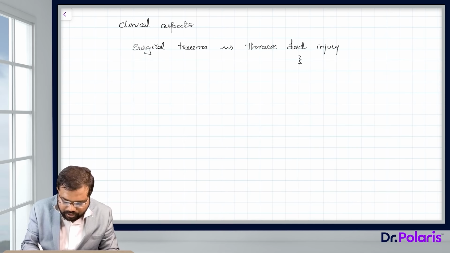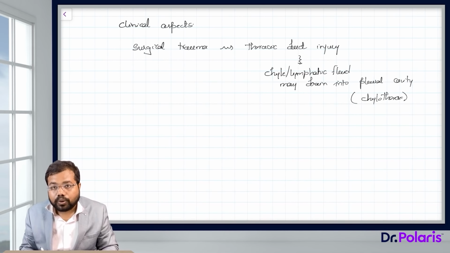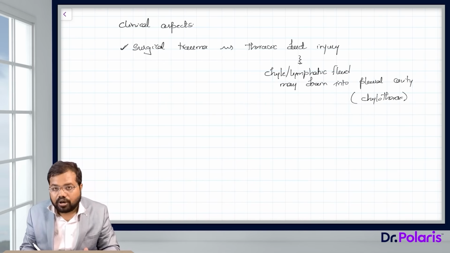So chyle, also called the lymphatic fluid, may drain into the pleural cavity. And that condition where it is draining into the pleural cavity is called chylothorax. That's the first clinical aspect that you have to understand.